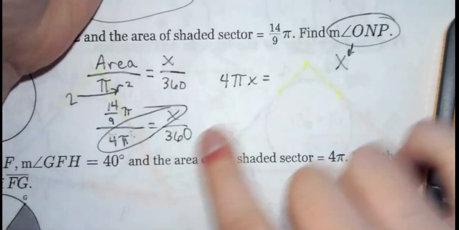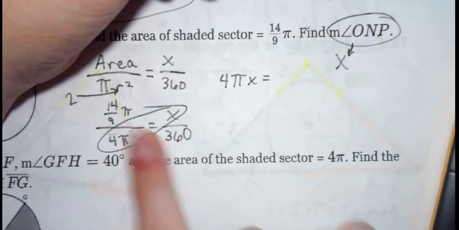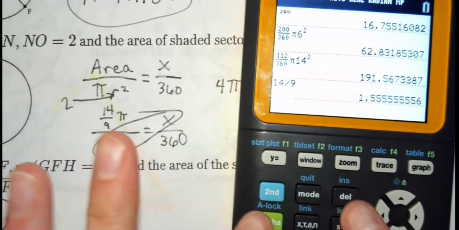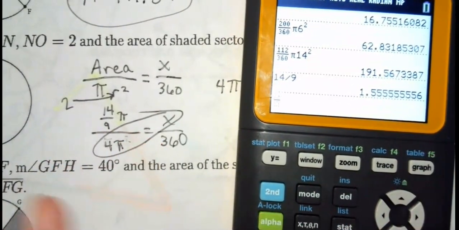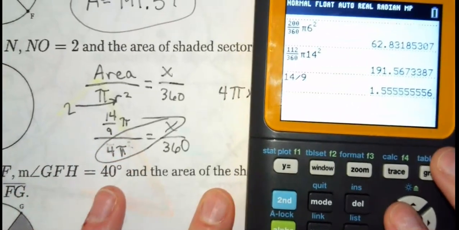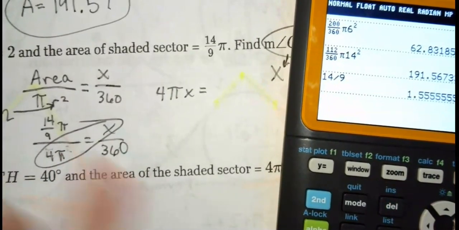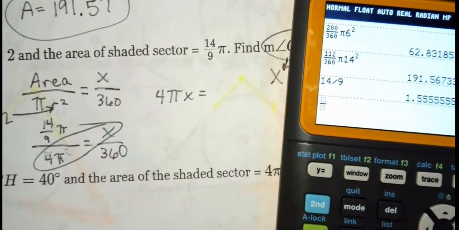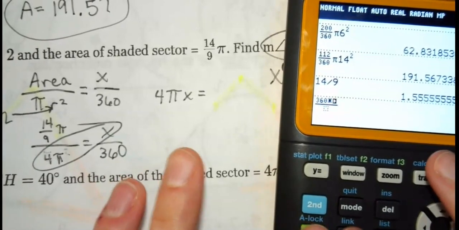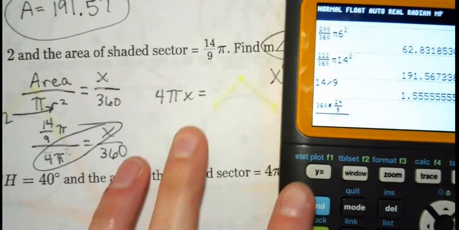And then on this side, we're going to do 360 times this hot mess of stuff. I really think this is the easiest way to do this. You're going to multiply, put your little fraction bar in, you're going to do 360 times this 14/9 pi.